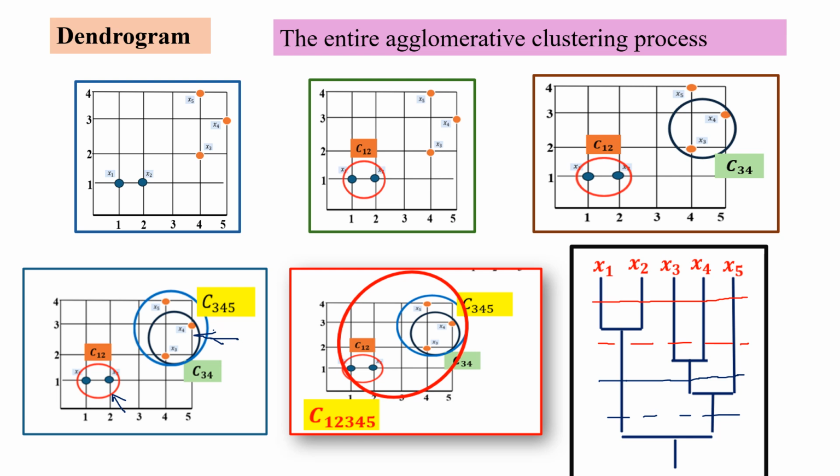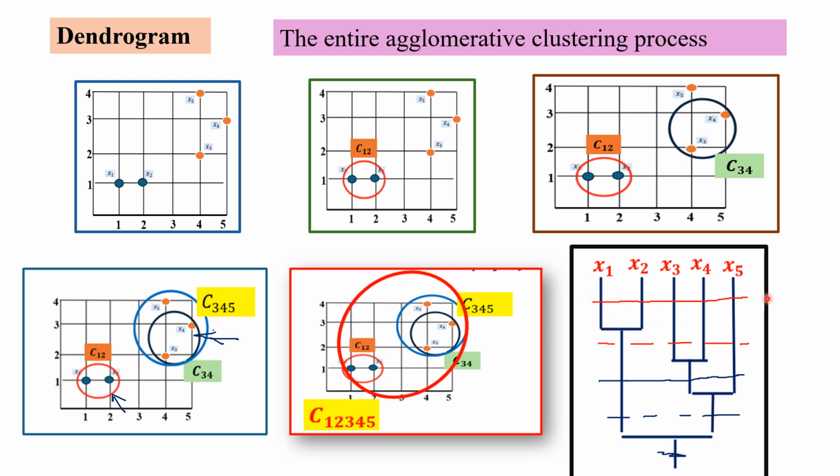So 2, and finally we have this single branch, which means we have a single cluster C1, 2, 3, 4, 5. So the dendrogram gives you a clear picture of how the clustering has proceeded and which data points join one after another.